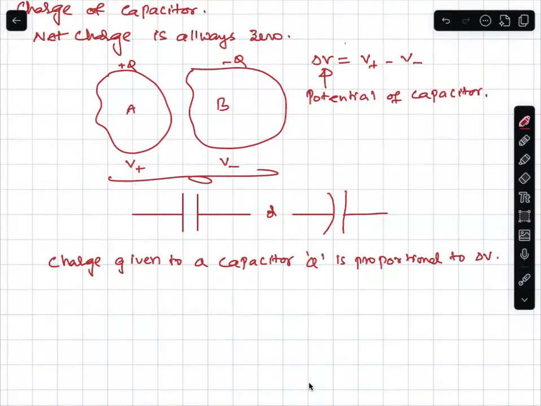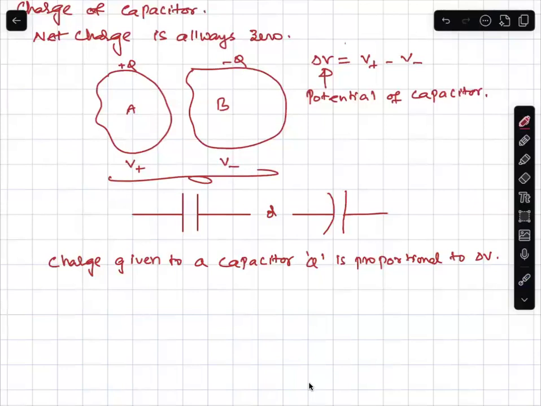The amount of water you pour is proportional to the height achieved. You keep on pouring, the height keeps on increasing, but at some point you will reach full capacity, and thereafter whatever water you pour comes out of the glass into the surroundings. Even a capacitor will have a limit. The arrangement also will have some limit.